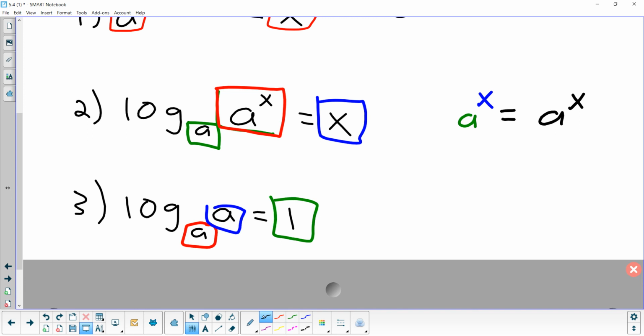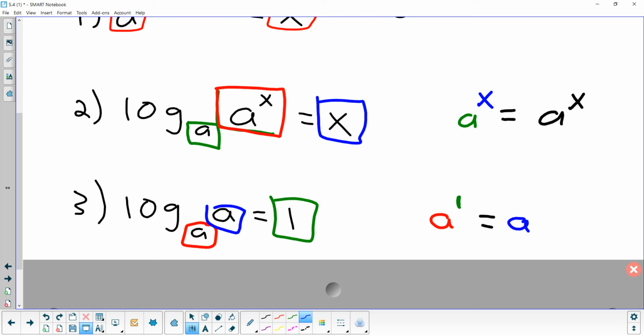What's my base here? The red A. A is my base. Logarithm always equals what kind of number? Exponent. So the 1 becomes an exponent. And what goes on the other side? The blue box, right? That's your argument.